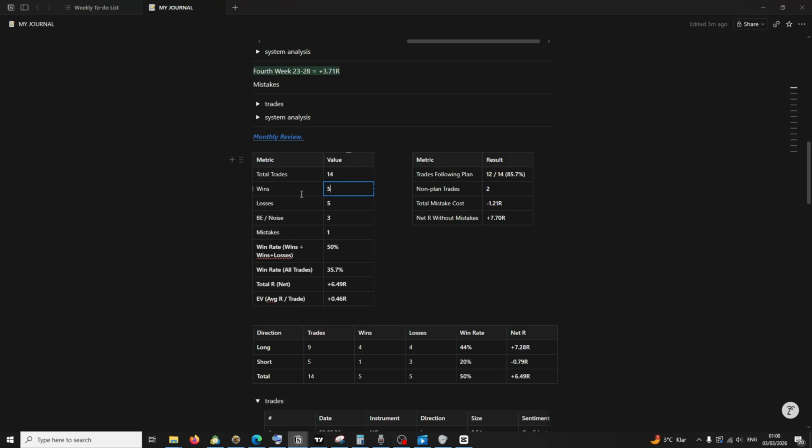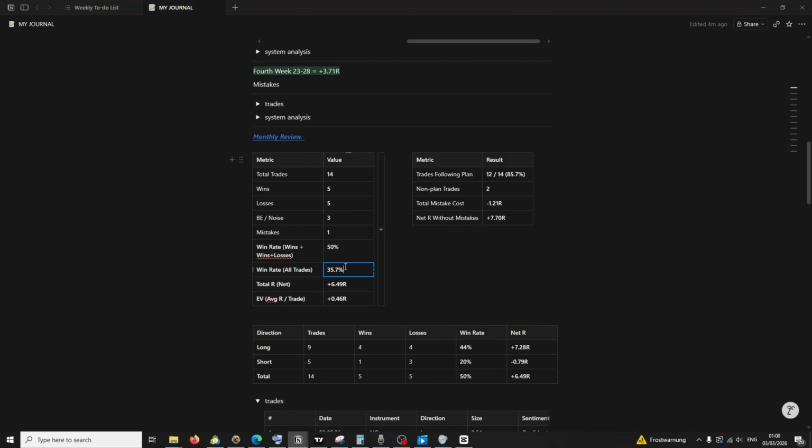From those 14 trades, we have 5 winners, 5 losers, and 3 break-even trades, and also 1 mistake, which was the gold sizing mistake. So the win rate without break-even is 50% for this month, and the win rate for all the trades is 35.7%.